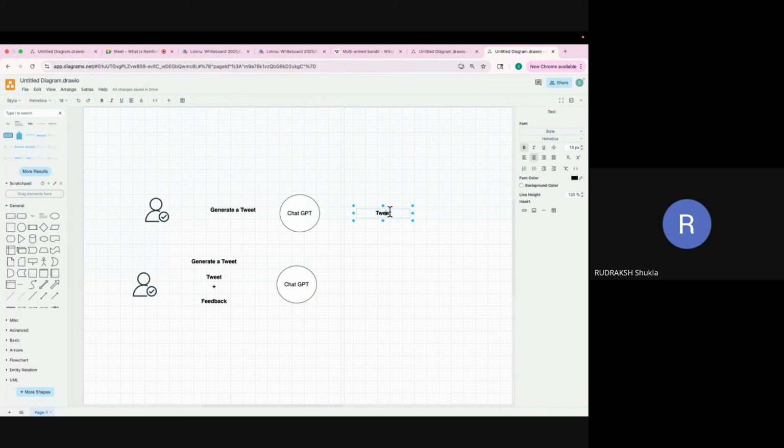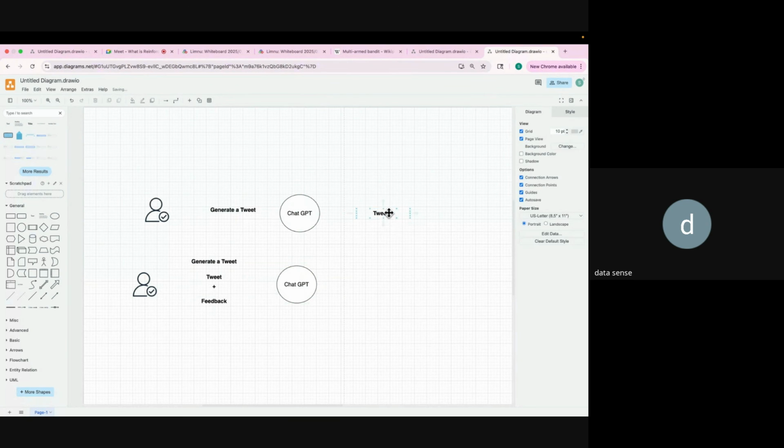Or maybe you can also ask ChatGPT to give a rating. For example, tweet 1 was there and you ask ChatGPT to rate itself. It generates a tweet and gives itself a rating of 6 out of 10. And next time it generates tweet 2.